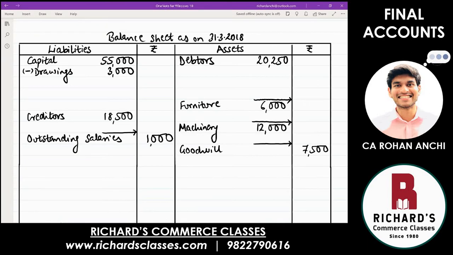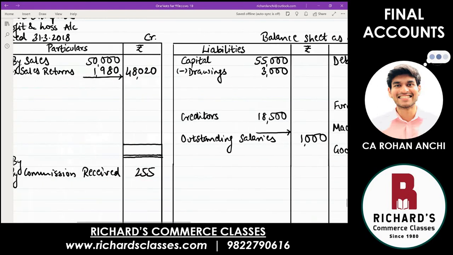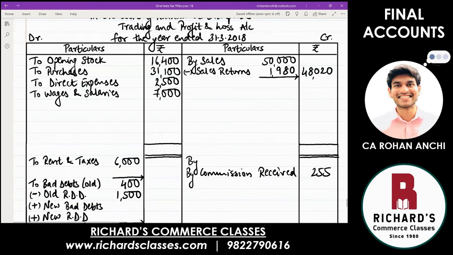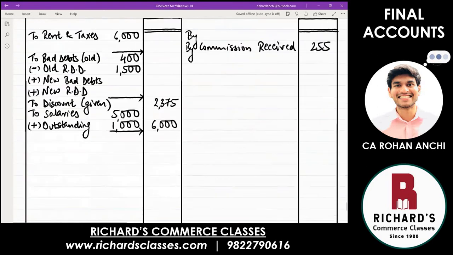Good. Okay. Adjustment relating to salaries already over. We move on to the next. Advertisement. No adjustment. It is an expenditure directly in profit and loss account debit side to advertisement.